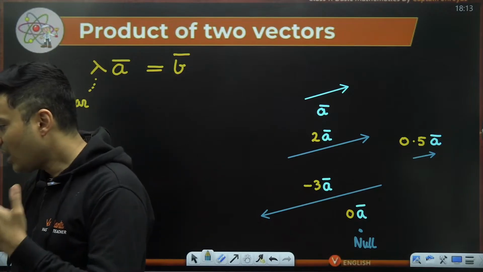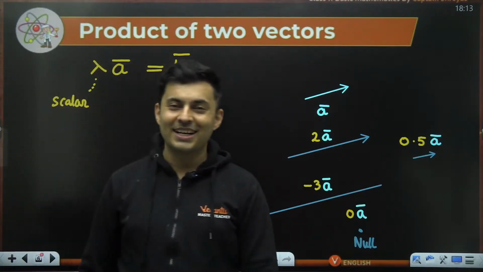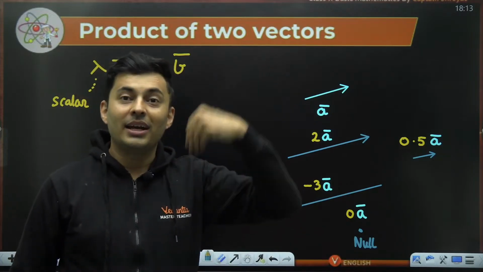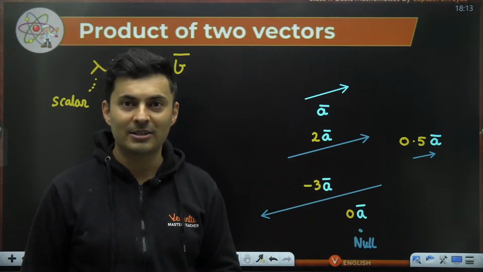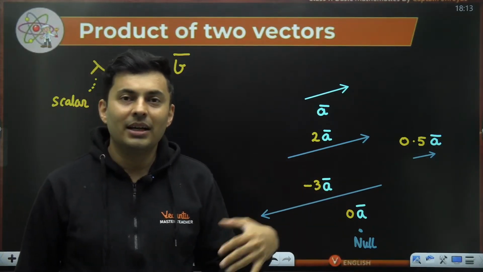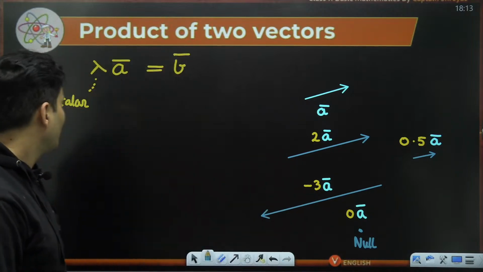Yeah. I hope this is clear. If a vector is multiplied by an imaginary number, that will be crazy. It is talking about an imaginary space which cannot be shown in this real space. You can do it for the heck of it, but it will not mean anything in this real space. Okay.